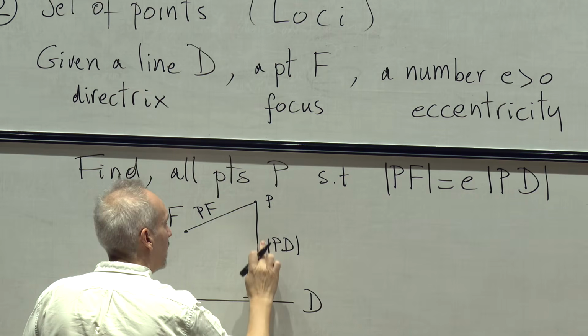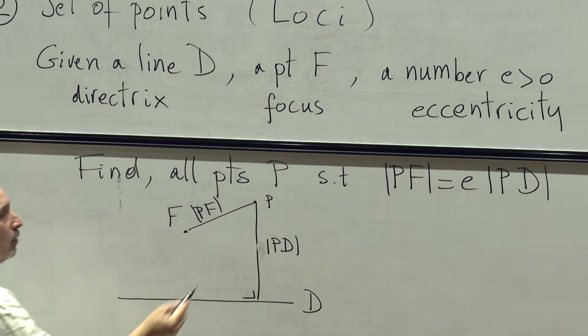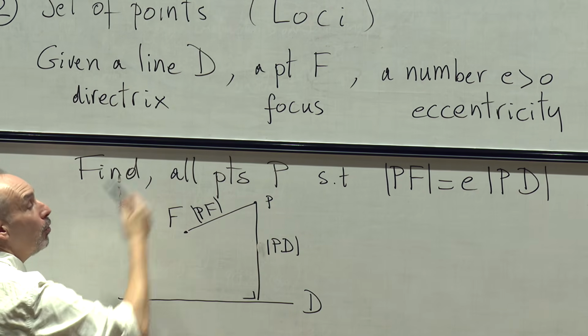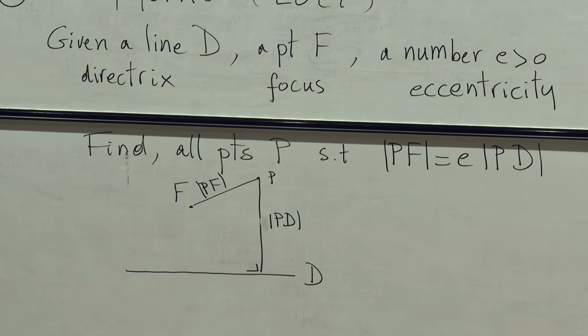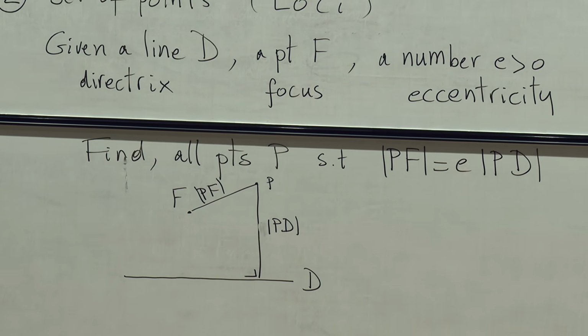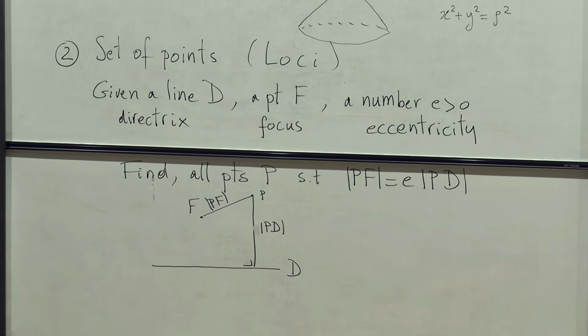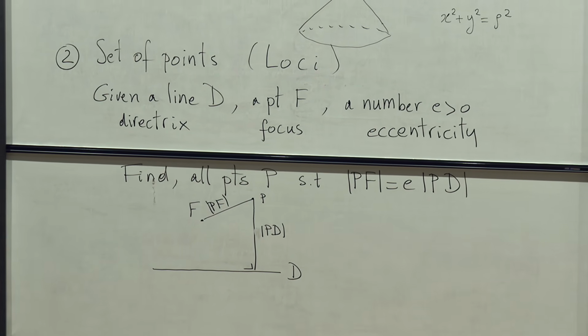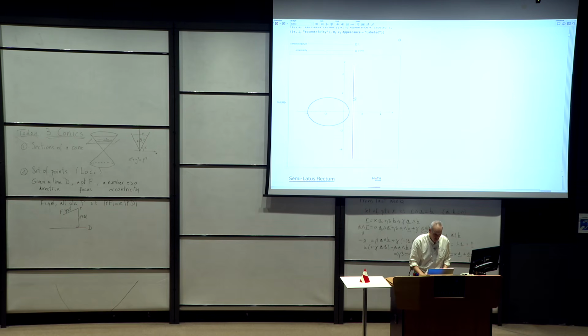Oh, sorry, that's not E, that's just the distance PF. And the question is to find all the points that satisfy this, depending on E and the distance between the directrix and the focus. So that's the second type.